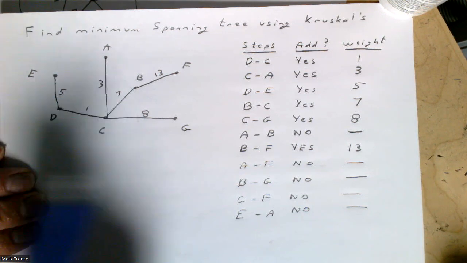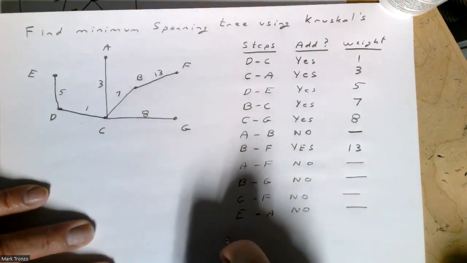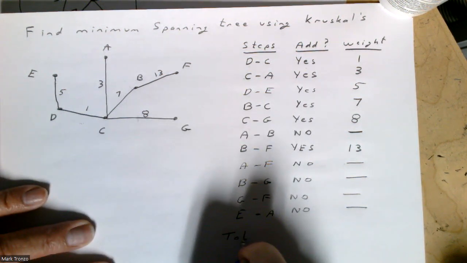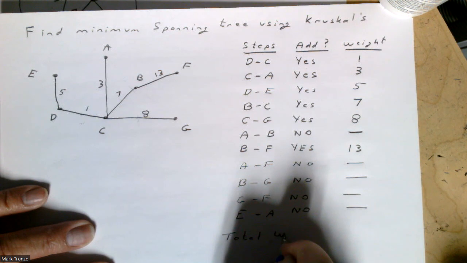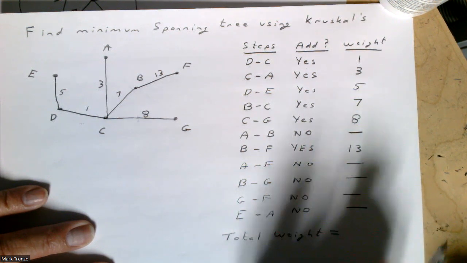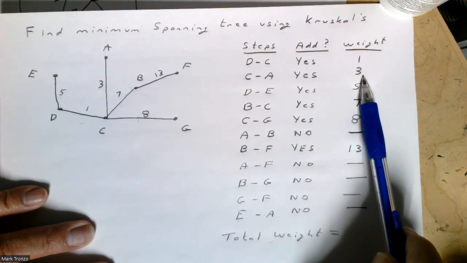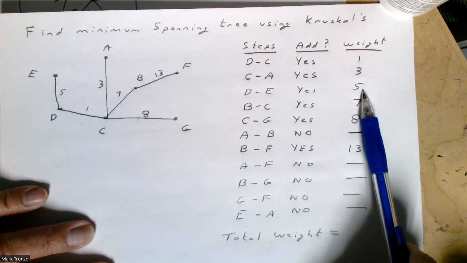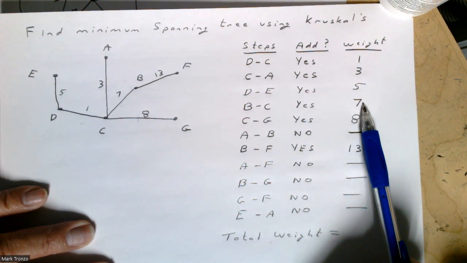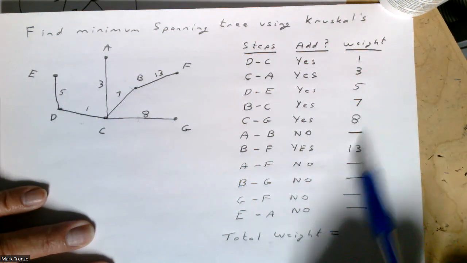And then the total weight would be the numbers of the edges that we did add. If we add these up, let's see, this is going to be 4 plus 5 is 9, 16, 24, and then 37.